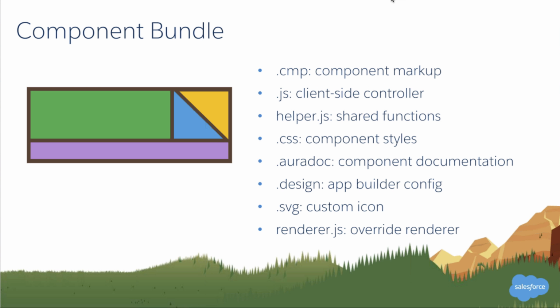Those configuration parameters will appear in the Lightning App Builder, and this will allow your admin to configure your customization with clicks versus code, and really brings those two sides of your business together, the developer and the admin or the business user, right? The SVG is just a custom icon, so it has an icon within the app builder.